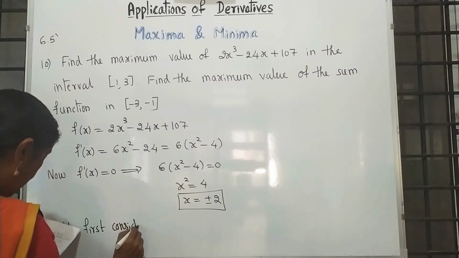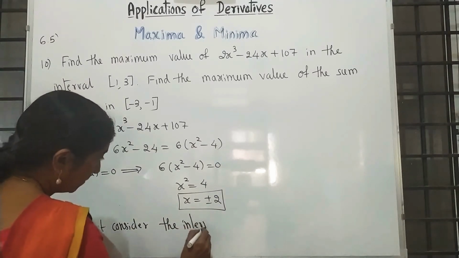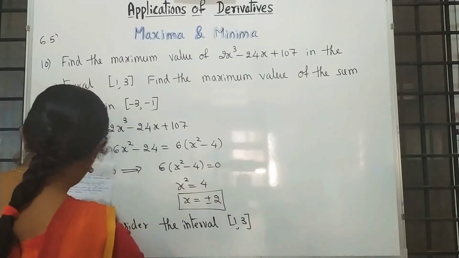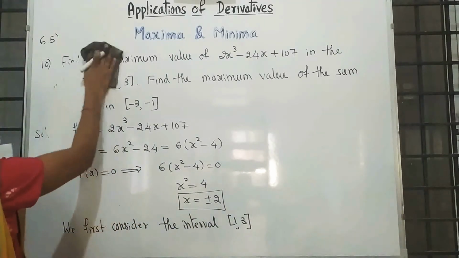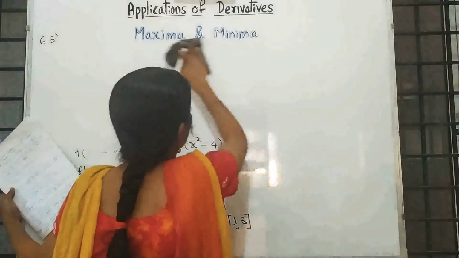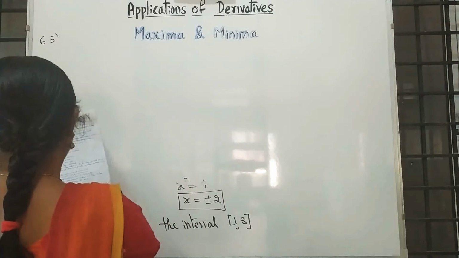We first consider the interval 1,3. In this 1,3 we have the number 2. Plus or minus 2 is there. In this interval, 2 belongs to this interval 1,3.